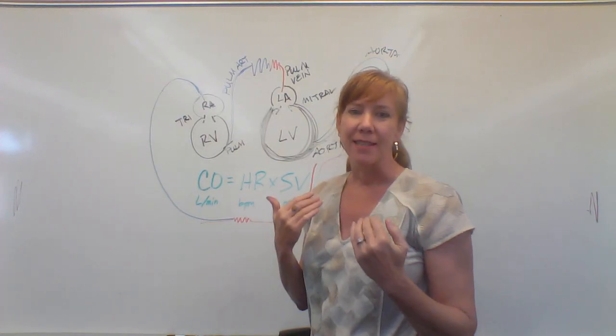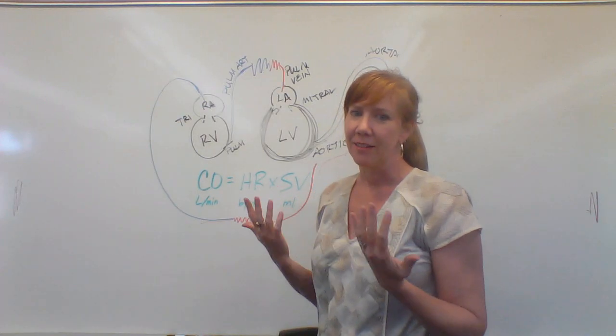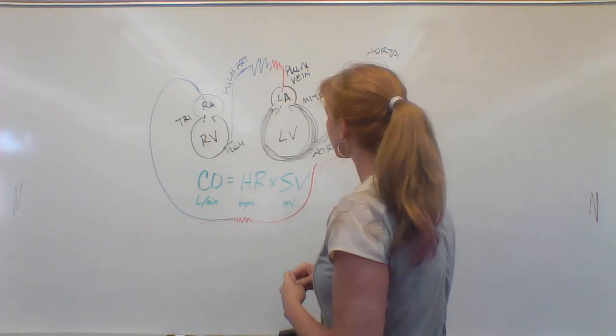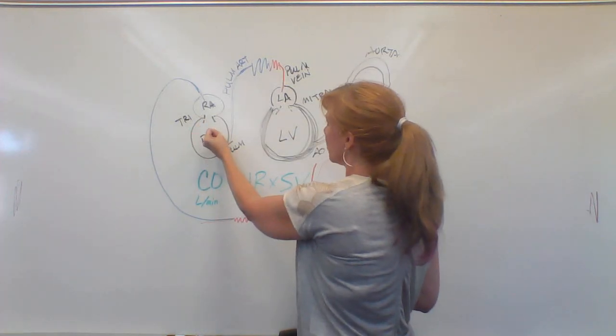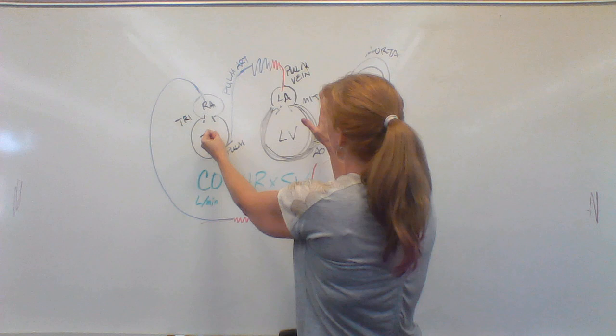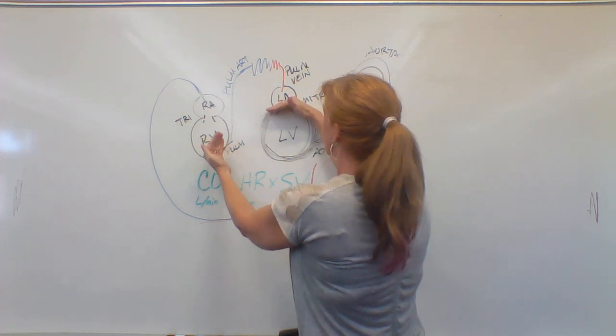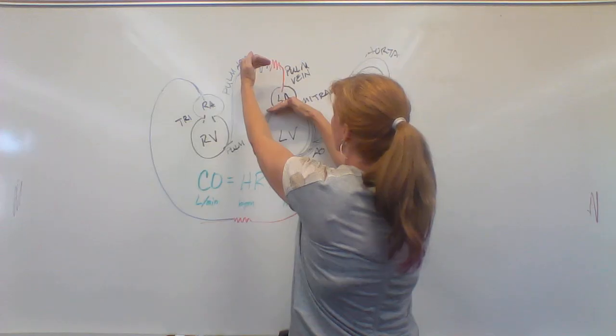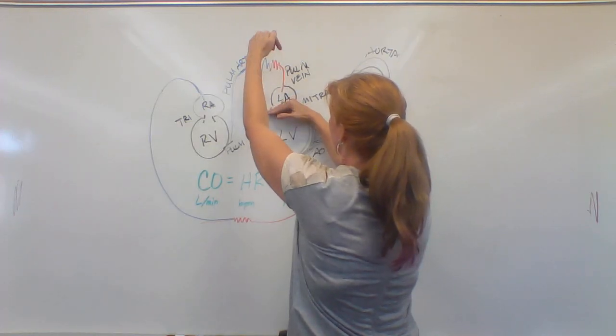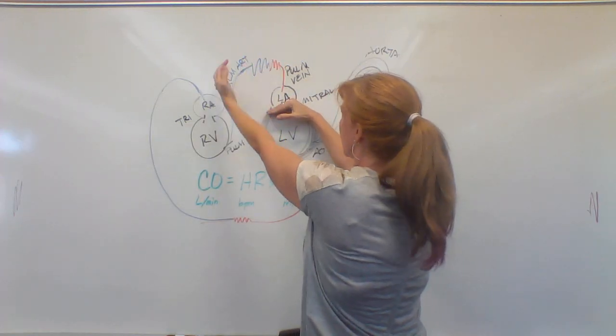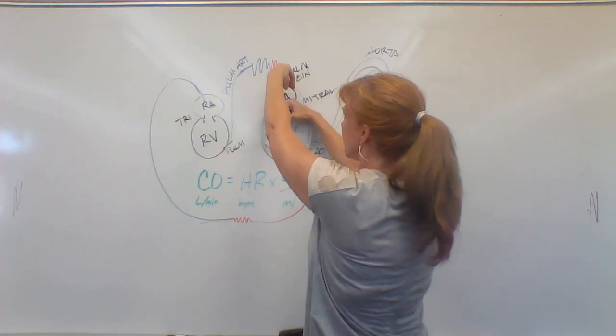People get asynchronous, and then the timing is off. So if you have the right ventricle squeezing, but this valve is shut, then this is going to hit a wall. And then the left atrium doesn't have a valve right here. So now a bunch of blood is being forced into the left atrium.